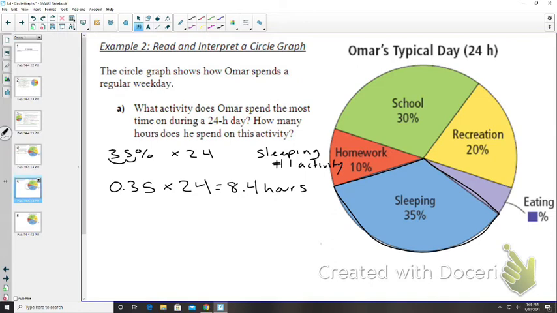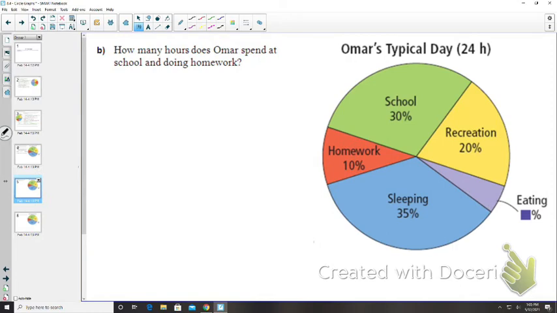So next part of this question, how many hours does Omar spend at school, and how many hours does he spend doing homework? We'll do school in green. We know that Omar spends 30% of a 24-hour day at school.